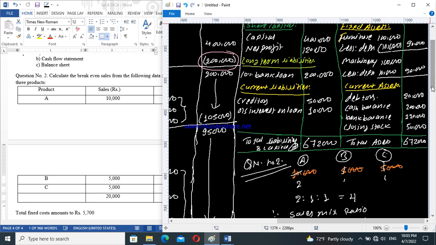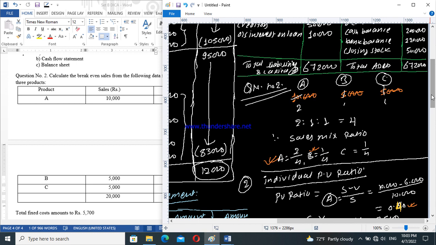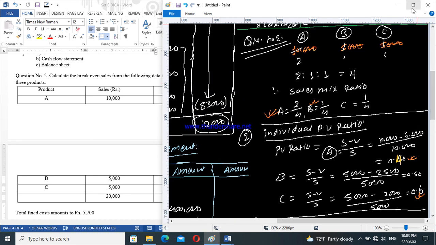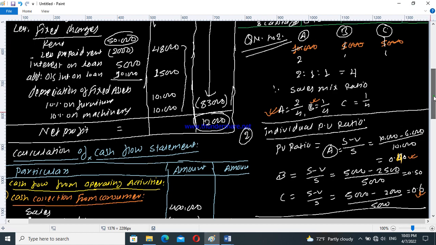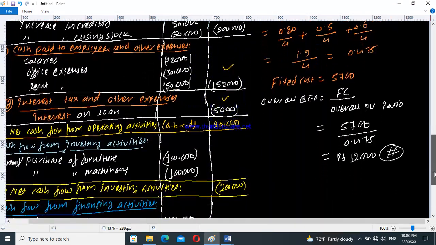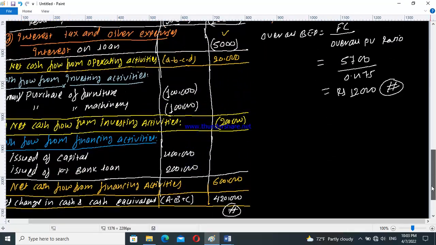After balance sheet completion, the total information is written down over here. Therefore you can collect all information from this given data.